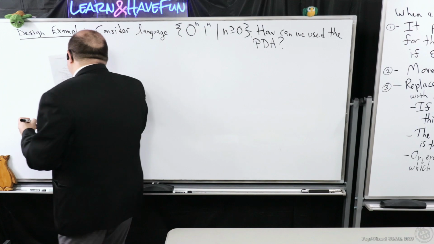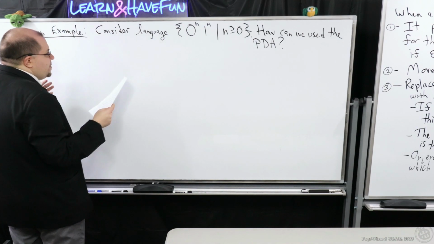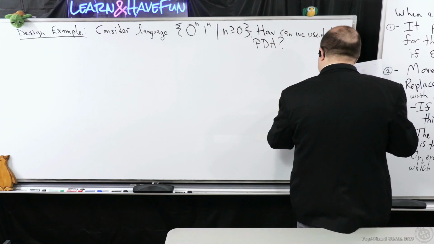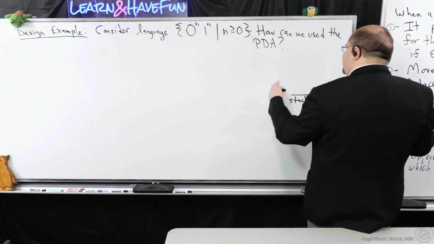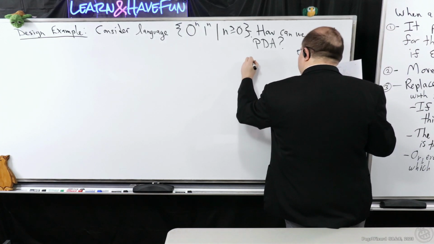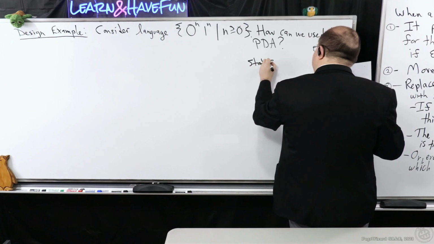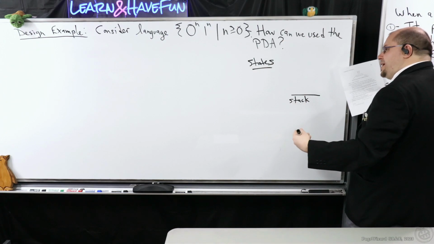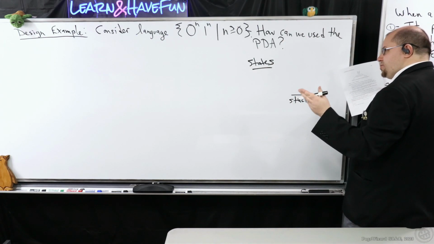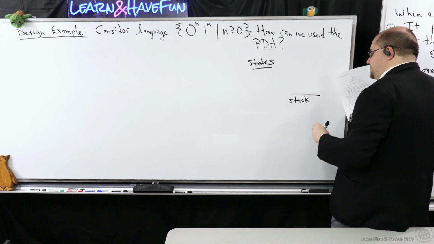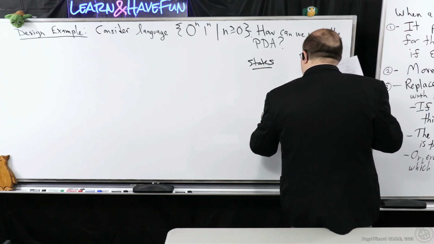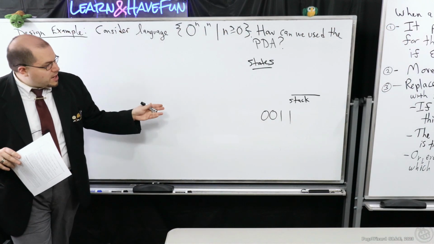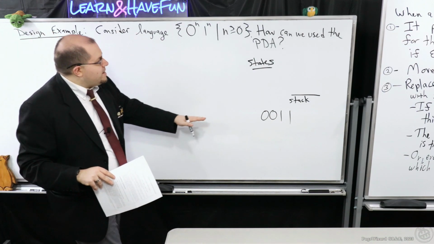That being said, think about it like this. Remember, we have a stack, and we also have states that our machine can be in. Now, for the sake of brevity, imagine we have a string that would be part of this language, say 0011. Notice it has equal numbers of zeros and ones, where the zeros come before the ones, so this is indeed in this language.